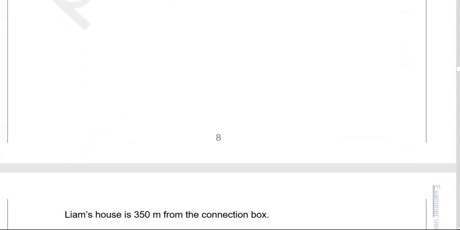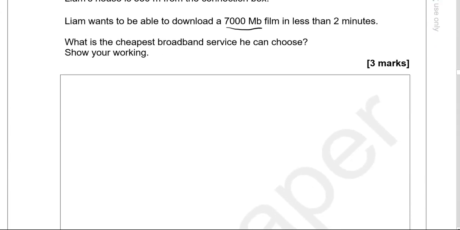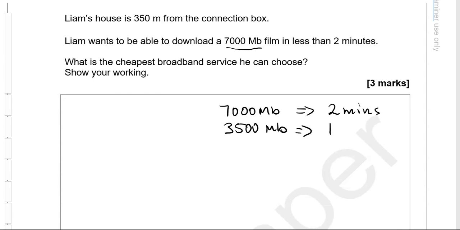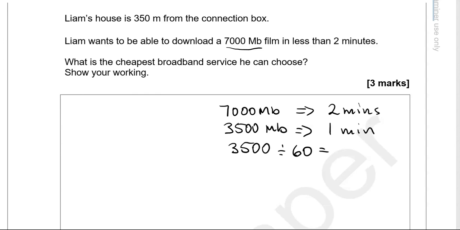So let's work it out. So this is 7,000 megabits in 2 minutes. That is 3,500 megabits in 1 minute. There are 60 seconds in 1 minute, so we're going to do 3,500 divided by 60, which gives us 58.33 to 2 decimal places rounded.